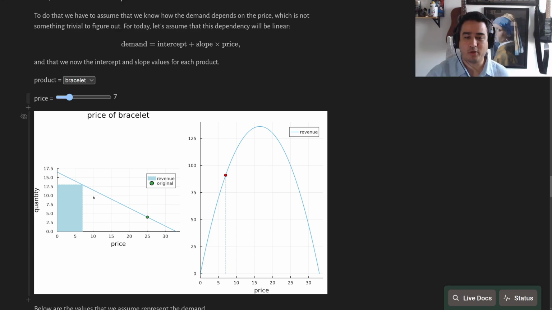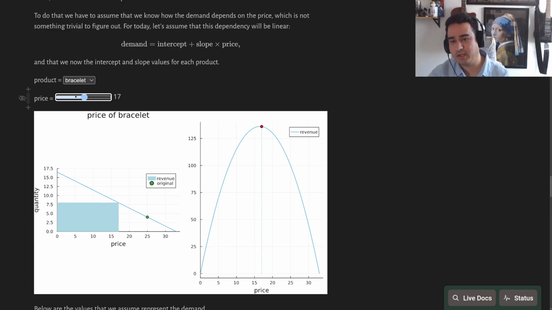I like this example a lot because it's very simple when you do it in single variable calculus as an example of maximization. But anyway, let's look at the right side here, which is the revenue, which is exactly the area of this rectangle. You can see here there is a clear maximum, at the top of this parabola, around 16 and something, 16.5 maybe.